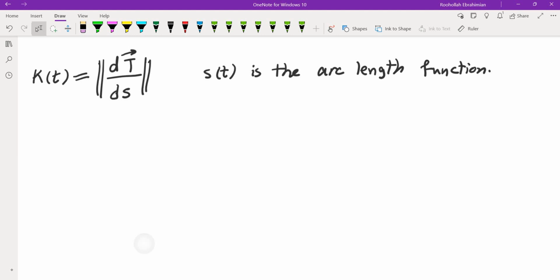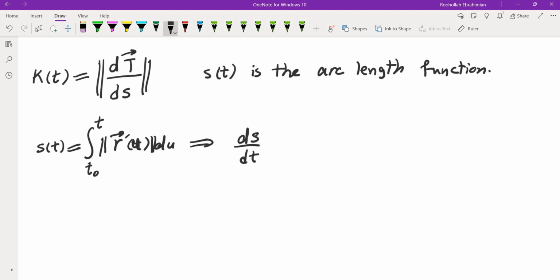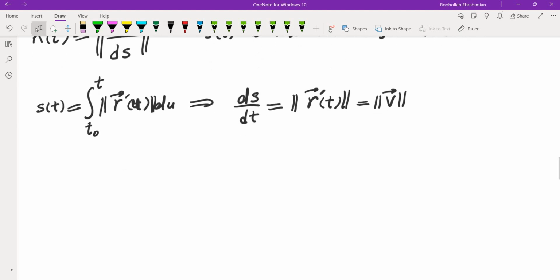Now, from one of the things that we have seen before, the arc length function is evaluated by taking the magnitude of r prime of u du from t0 to t, which means ds dt, by the fundamental theorem of calculus, is the magnitude of r prime of t, or another way would be to say v. So let's now use this to evaluate kappa.